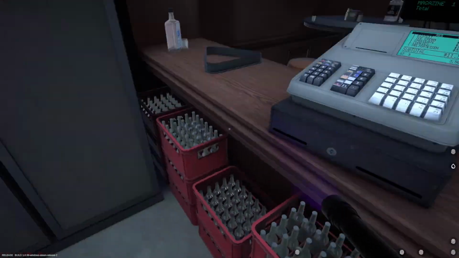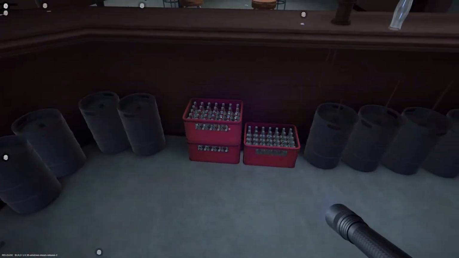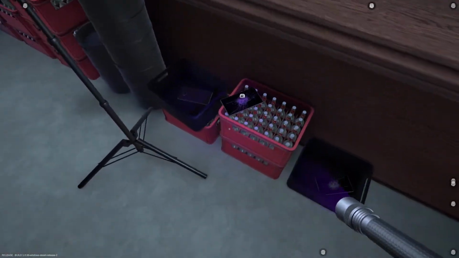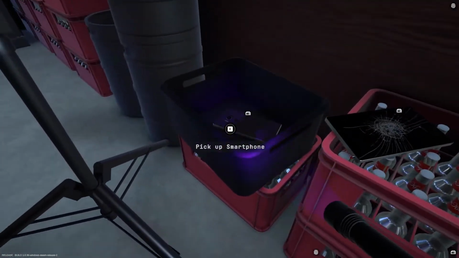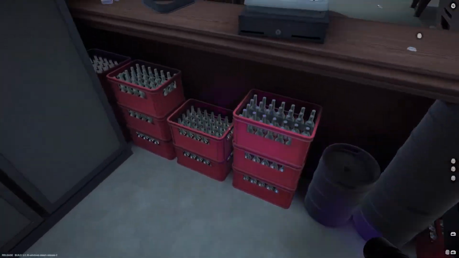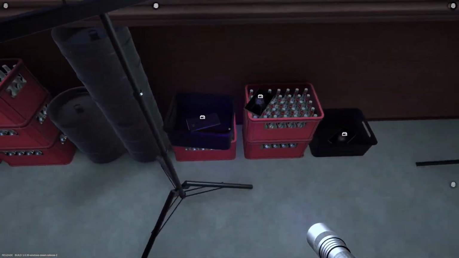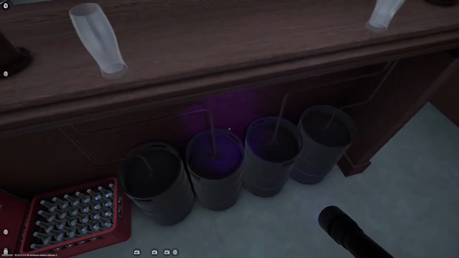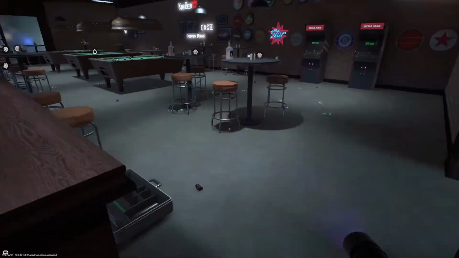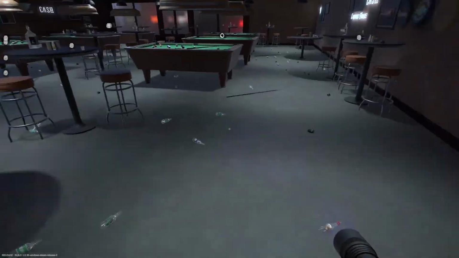Oh, but he did try to rob the place, didn't he? Okay, so we got some phones here. Got 3 phones. Kind of interesting. Why are they down here and broken? What happened there?